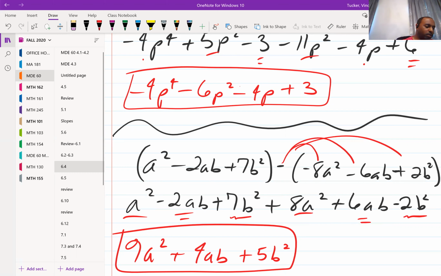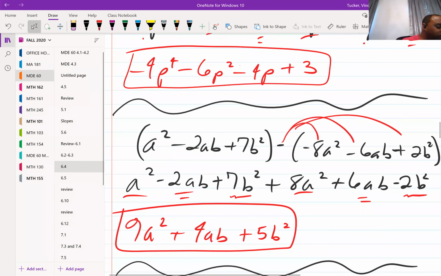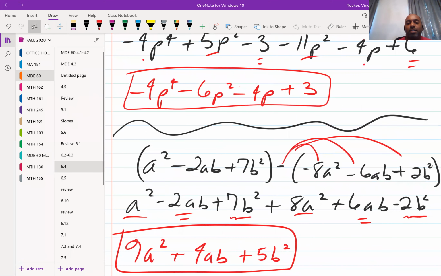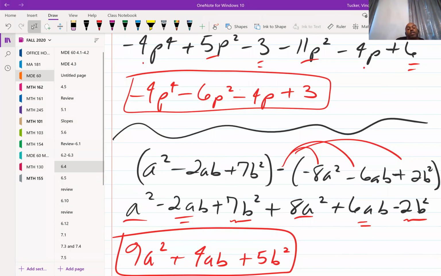Any questions? Everybody good? Everybody straight? All right, so that's it for adding and subtracting your polynomials.